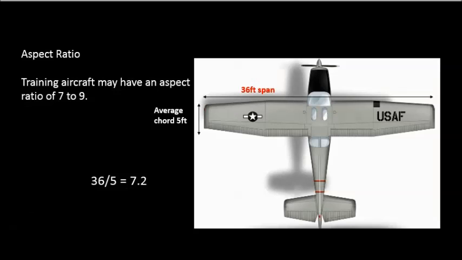Here we have an average chord of 5 feet and a 36-foot wingspan. We divide wingspan by average chord, and we come up with 7.2, so that falls in line with our slide. A training aircraft may have an aspect ratio of about 7 to 9.